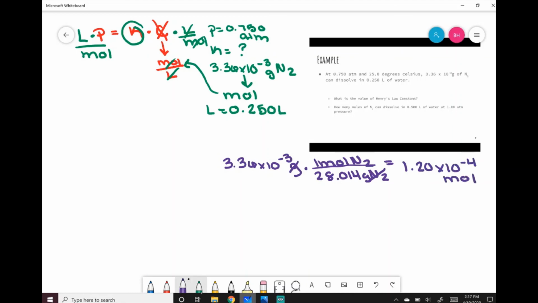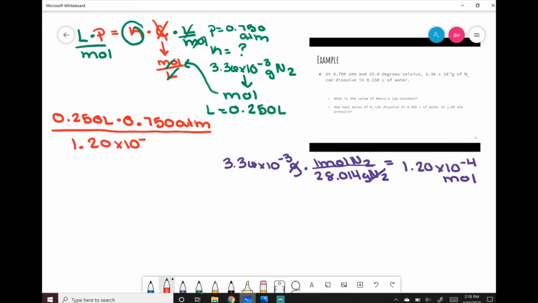So now let's go ahead and plug in all of my values. I'm going to use red. So we have liters, which is 0.250 liters, times my pressure, which is 0.750 atmospheres. And then I'm going to divide it by my number of moles, 1.20 times 10 to the negative 4th moles.